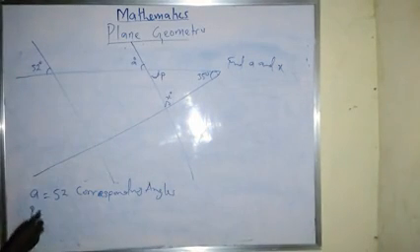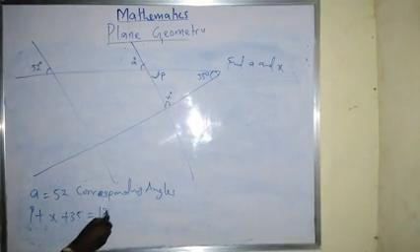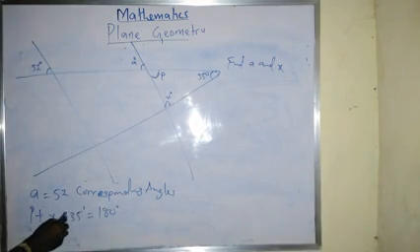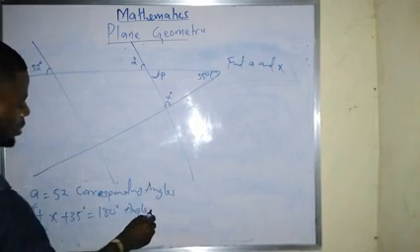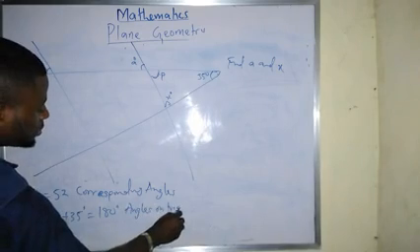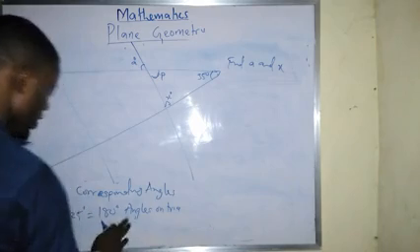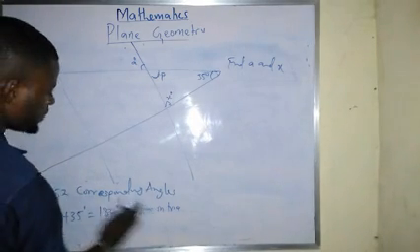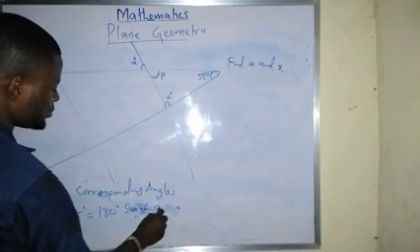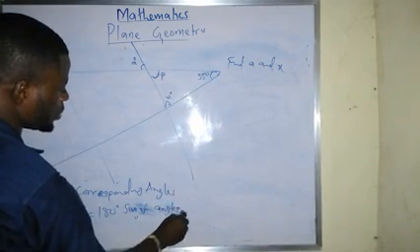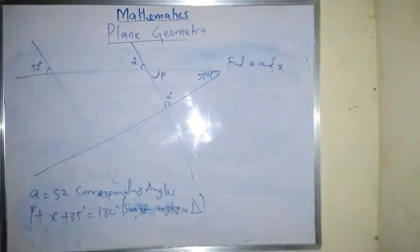It means P plus X plus 35 equals 180 degrees, which is the sum of angles on a triangle.